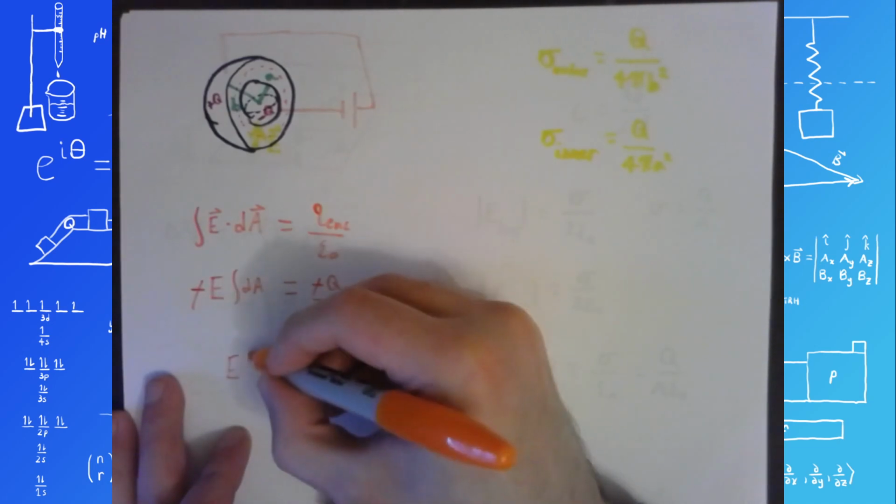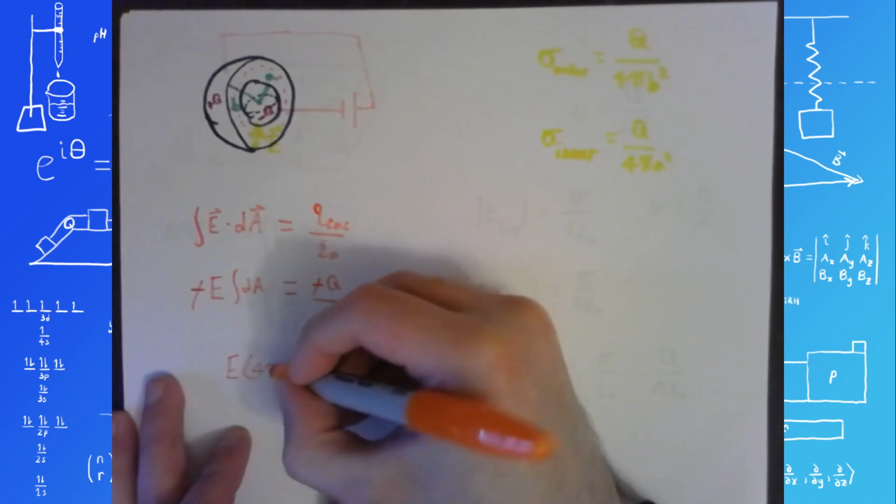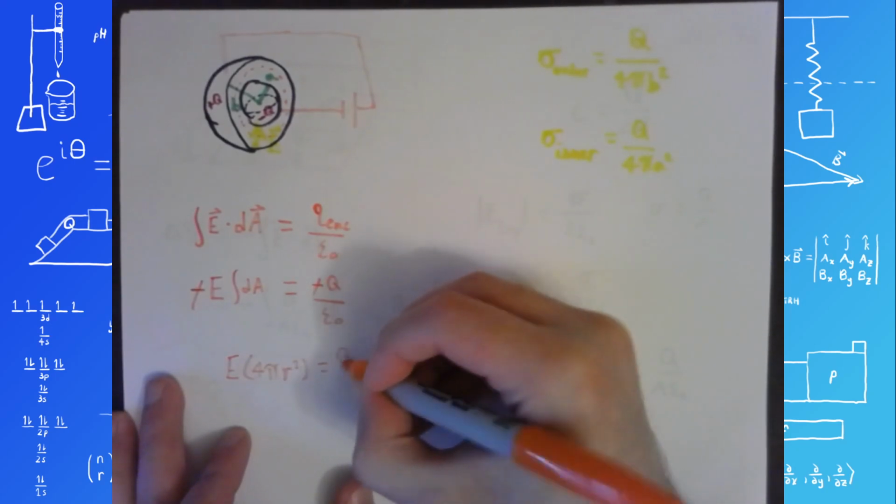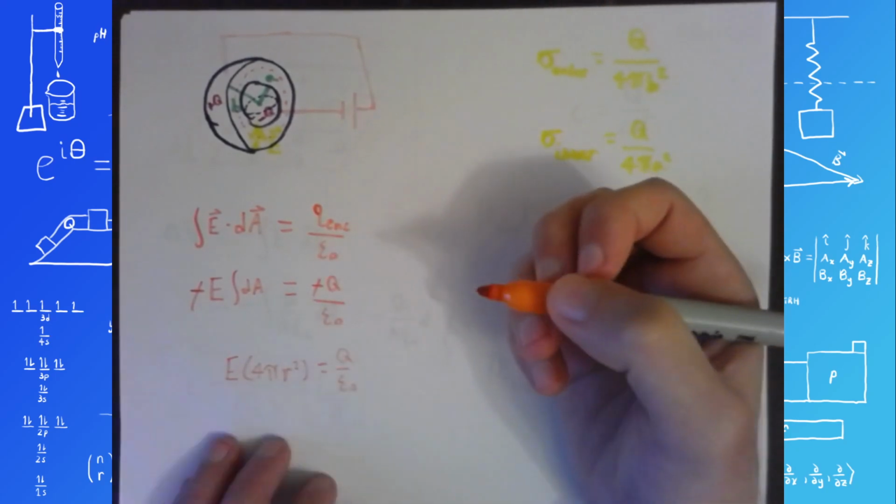E times 4 pi r squared equals Q over epsilon naught.